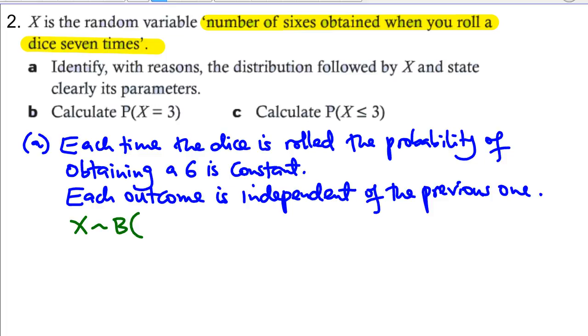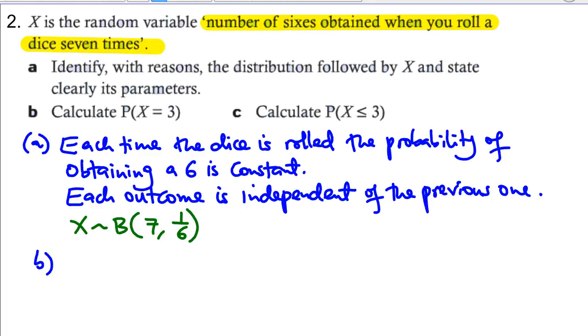The die is rolled 7 times. The probability of success in each case is a sixth. Once you've written that statement, we can go ahead and work out the probabilities.